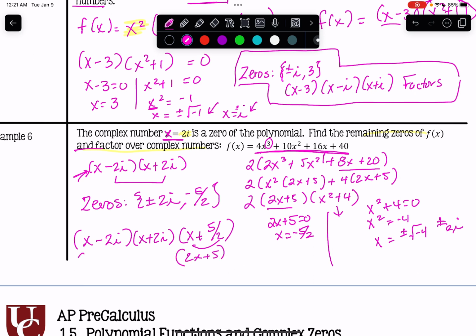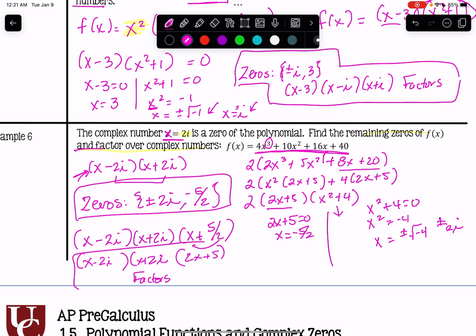So I'm going to rewrite it one more time: x minus 2i, x plus 2i, and 2x plus 5. And let's label that as the factors. So I've labeled both my answers here. There's my zeros, and here's my factors.